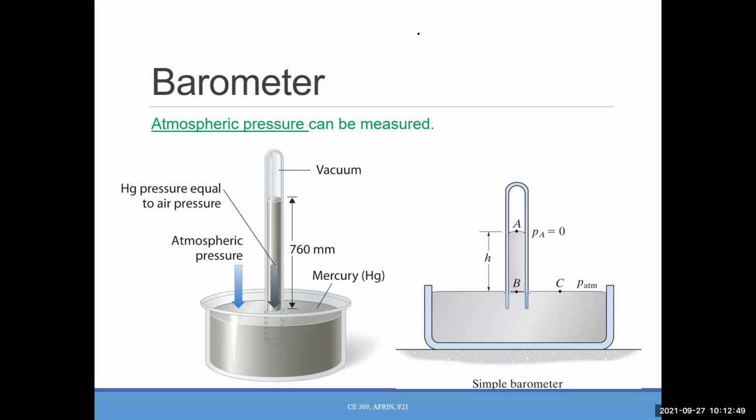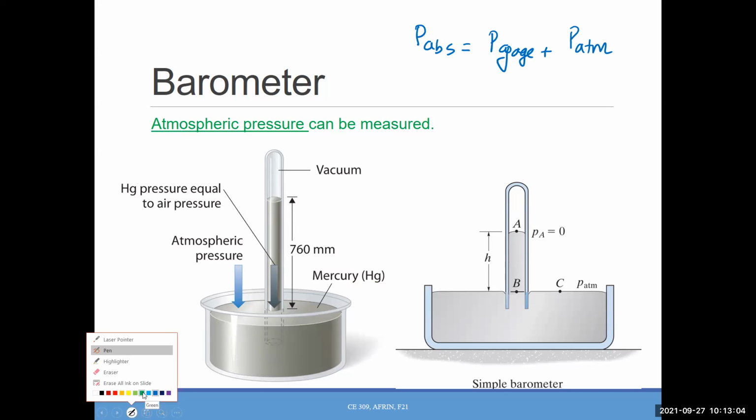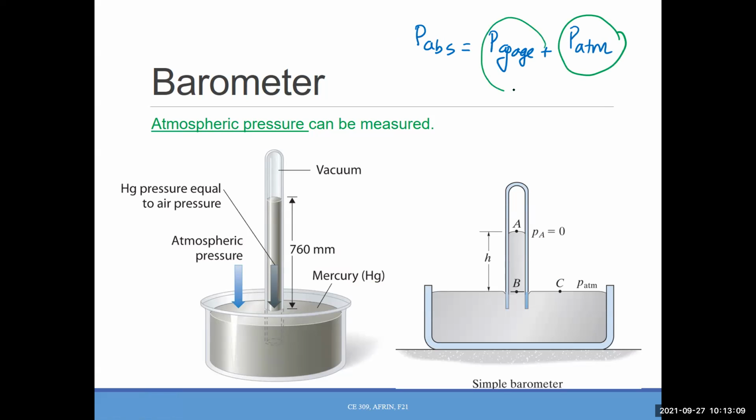At the very beginning of our class, we said that P absolute equals P gauge plus the atmospheric pressure, right? So now we need to know how to measure the atmospheric pressure and how to measure P gauge. Before I go to the next slides, I will give you an advance review.